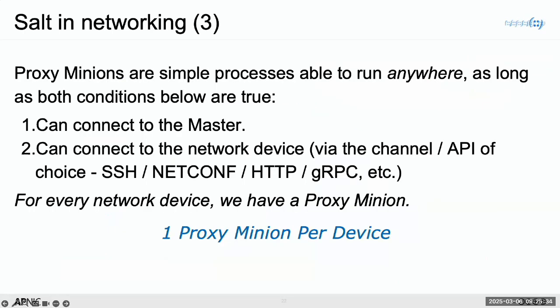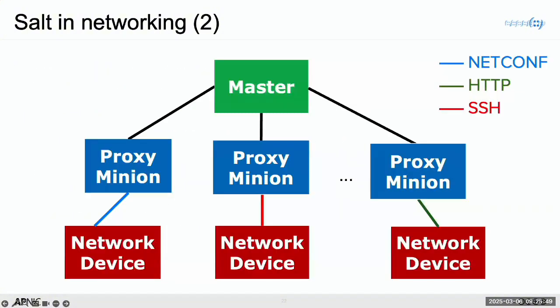The proxy minions, as I said earlier, are simple processes, and they can be run anywhere as long as you can fulfill the following condition: it can connect with the master and can connect with the device. As you saw earlier, it has two sides. One is going back to the master or receiving from the master, another is going to the device.